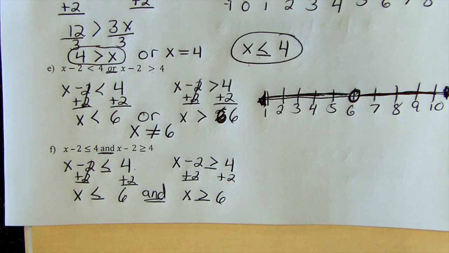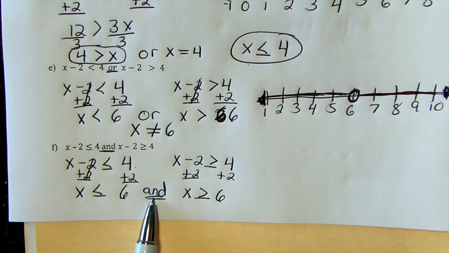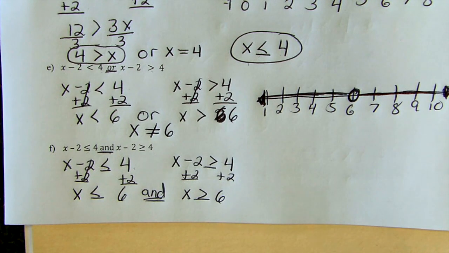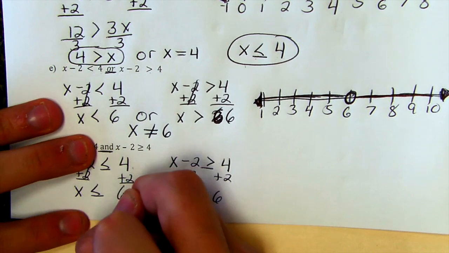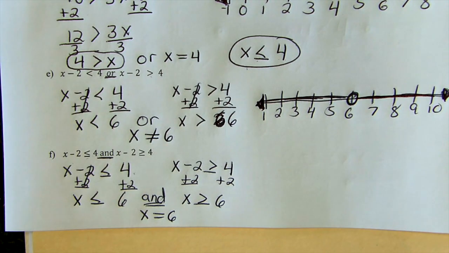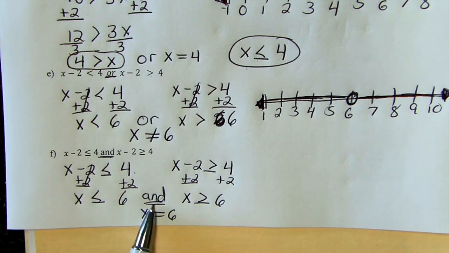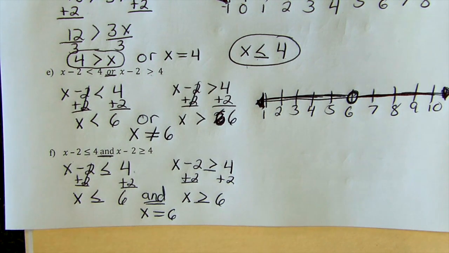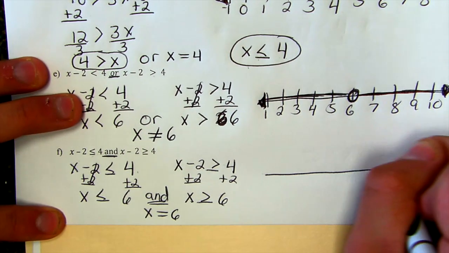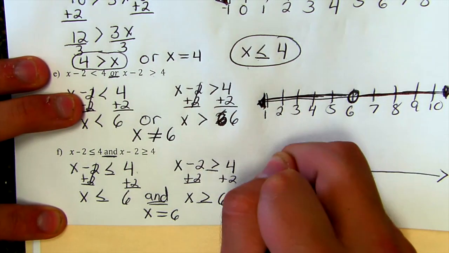But if we look at this, x is less than or equal to 6 and x is greater than or equal to 6 will only happen when x is equal to 6. So x has to be equal to 6.